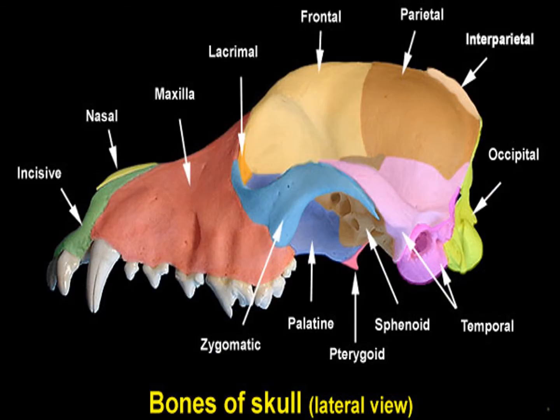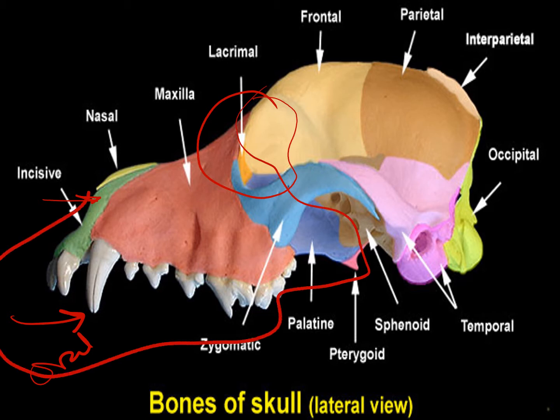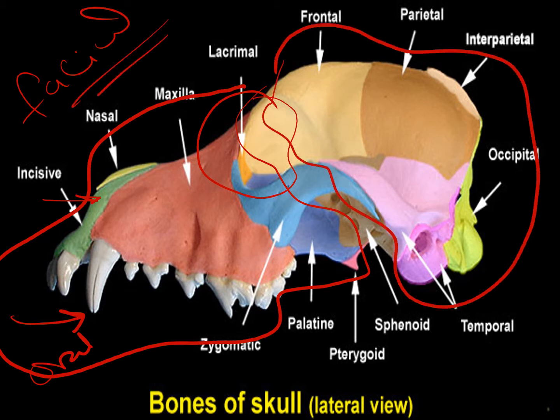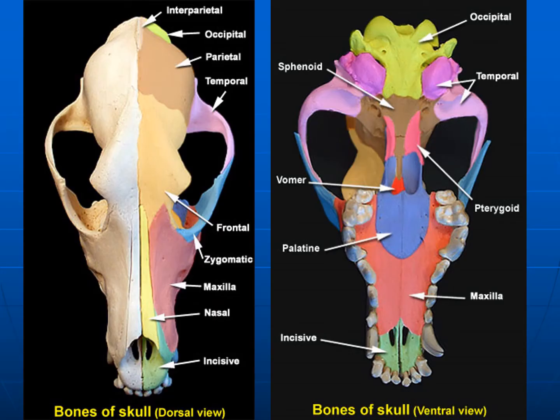So here, this is the area of the nasal cavity, and this is the area of the oral cavity. The bones that set the boundaries of the nasal cavity, oral cavity, and this area here, which helps in the formation of the bony orbit, all of these bones are considered facial bones, whereas the ones we have in the back here, which usually enclose the brain and the meninges, we call the brain case bones or the neurocranium.